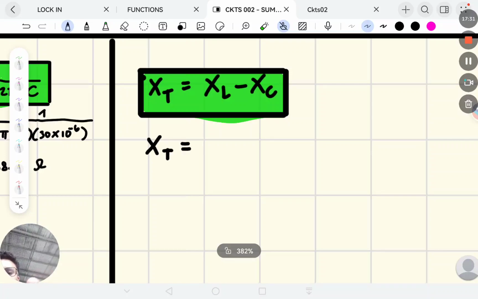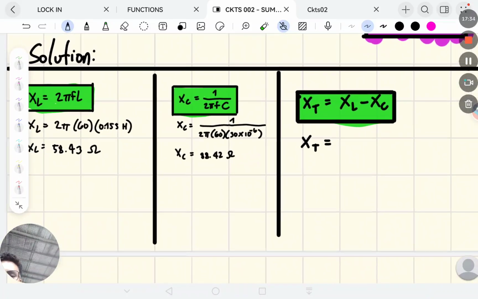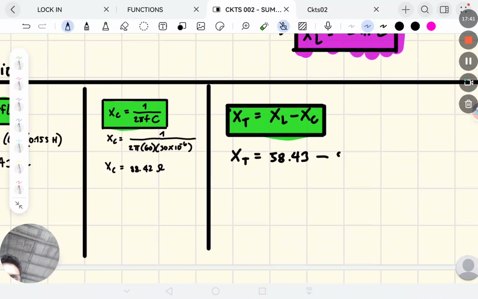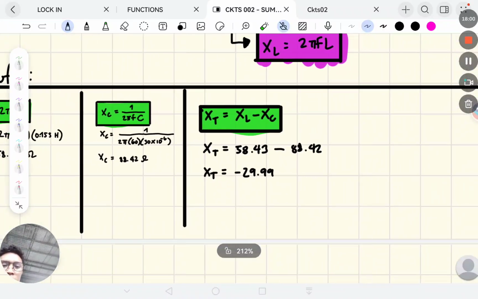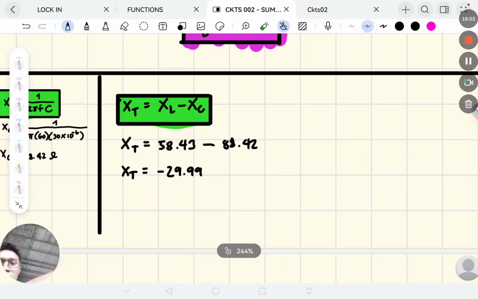So XT is equals to the inductance, which is 58.43 minus the capacitance of 88.42. What's the answer? Is negative 29.99. Yan ang ating net total reactance.